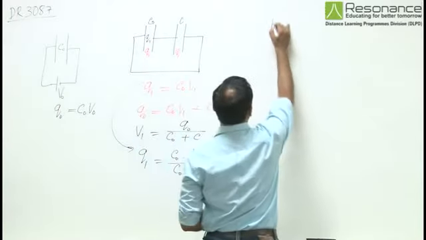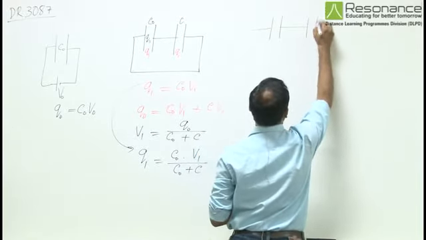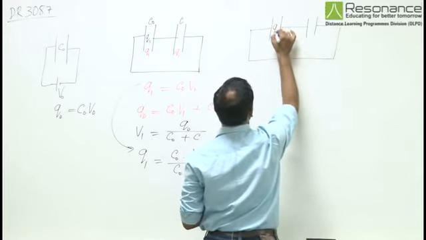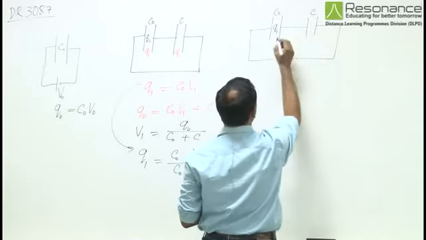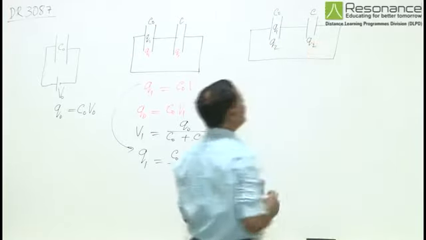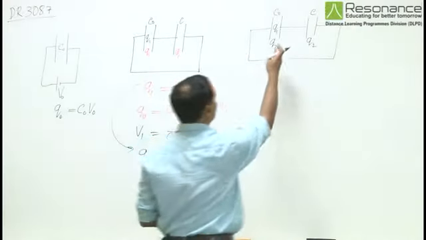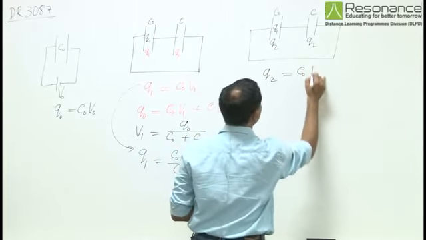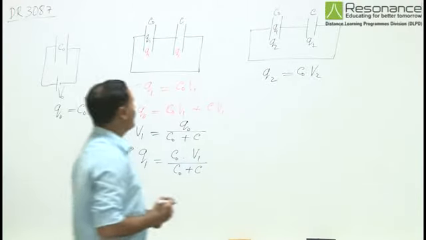Now in the next situation, the C is discharged and again connected to C naught. Now its initial charge is Q1, it is C naught and the other one is C, and after connection, let the amount of charge on the capacitors be Q2. Now, as Q2 is the charge, Q2 is equal to C naught V2, where V2 is the potential after the second connection.